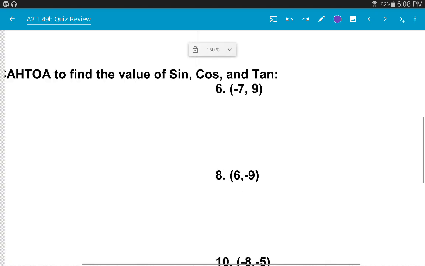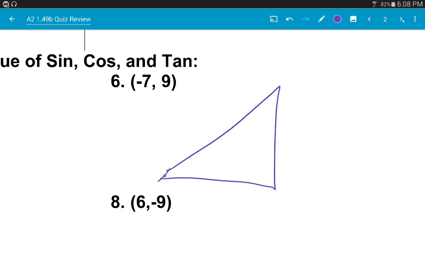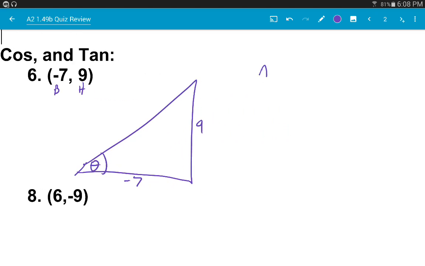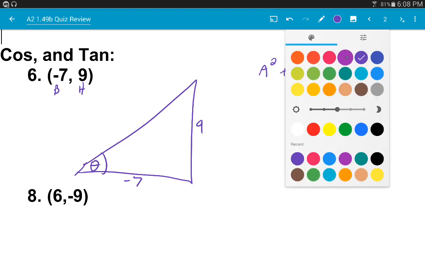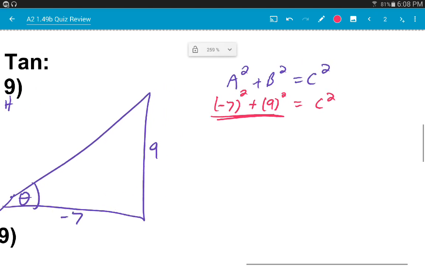Whenever they tell us that it passes through the point, right, negative 7, 9, what they're saying is that we have this triangle here. Here's theta. This is the base, and this is the height. So the base is negative 7, and the height is 9. I need to use a squared plus b squared equals c squared. That means negative 7 squared plus 9 squared equals c squared. I'm going to do this in the calculator.